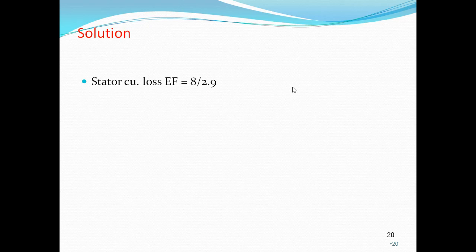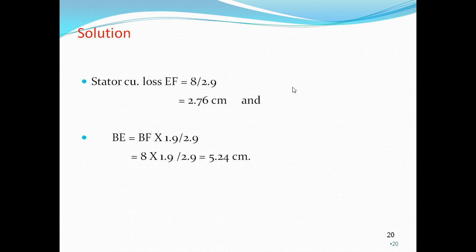So the stator copper losses EF is equal to 8 by 2.9, that is 2.76 centimeters, and BE is equal to BF into 1.9 by 2.9, that is 5.24 centimeters.